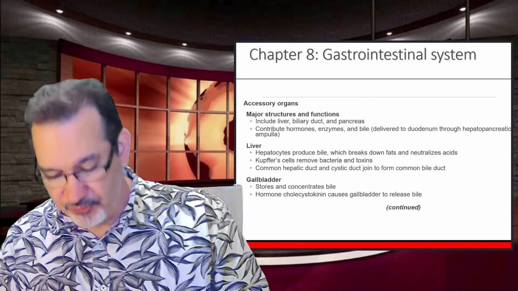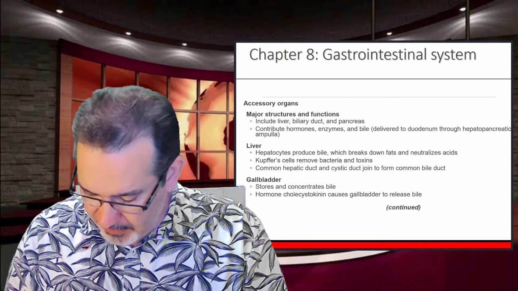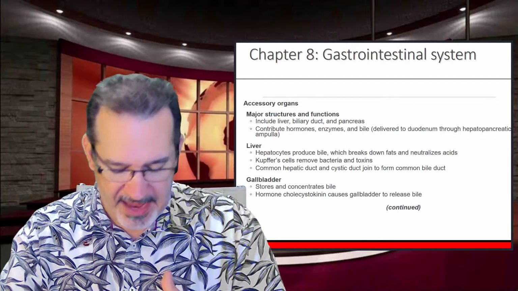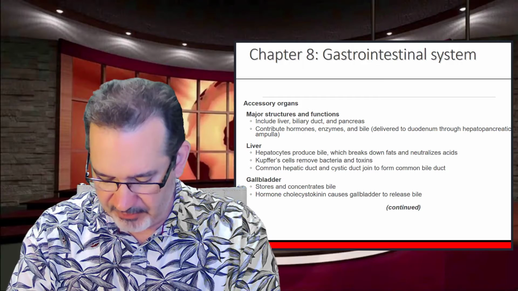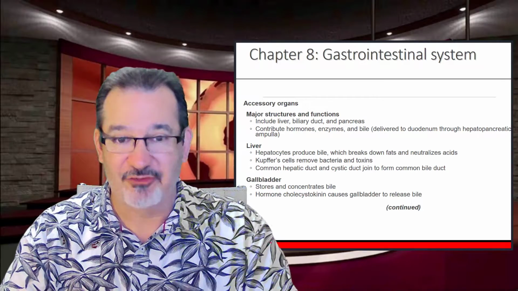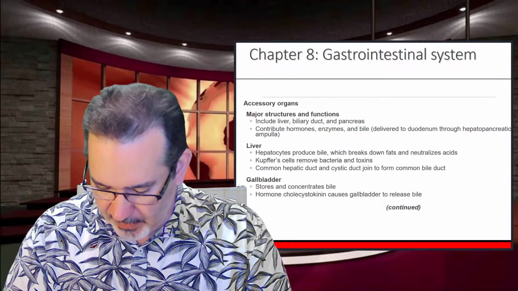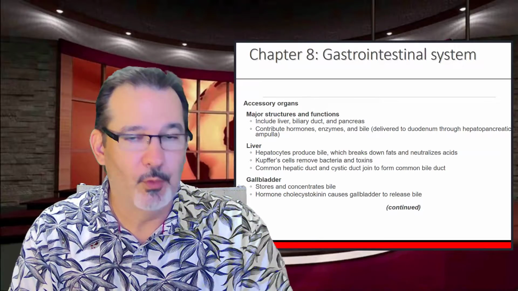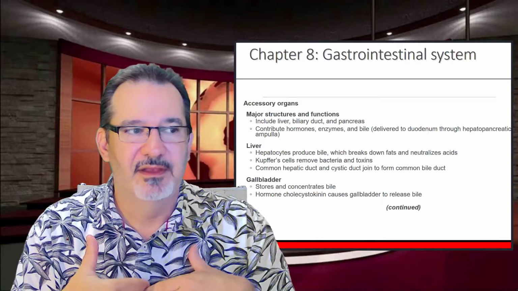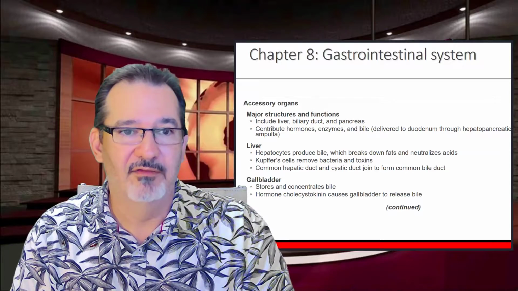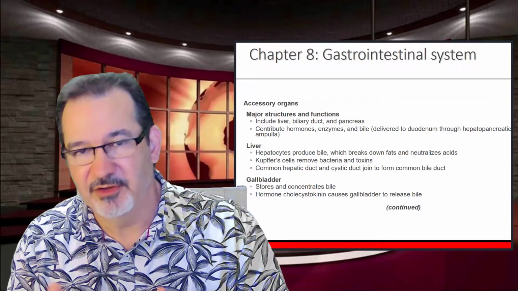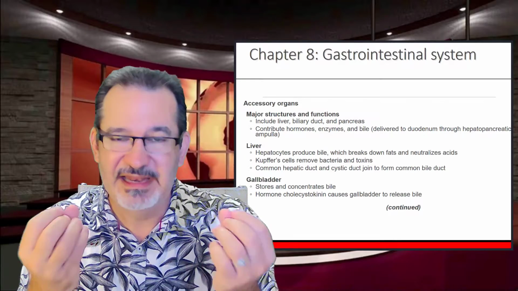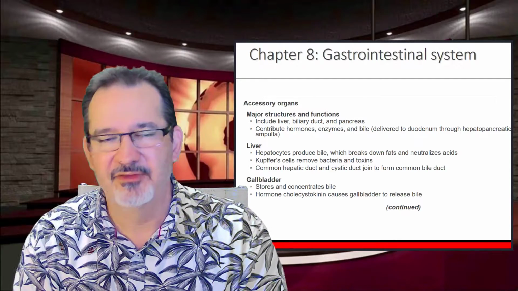The gallbladder stores and concentrates bile, and bile helps to break down fats and neutralize gastric secretions. The other thing that bile does is it helps to prevent jaundice. Okay, so one of the common signs of liver disease or pancreas disease can be jaundice, yellowing of the nails, the whites of the eyes.